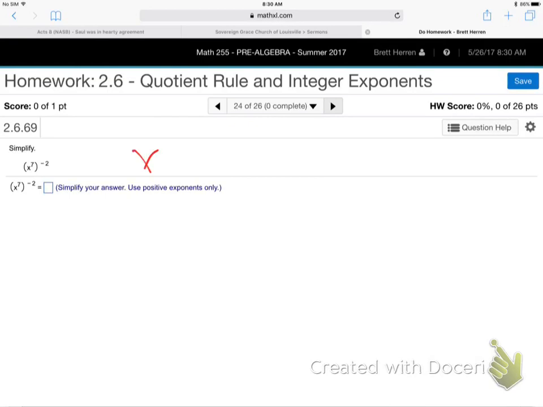All right. So x to the 7 to the minus 2. Okay, let's give that one a try. So powers outside parentheses, powers inside parentheses.